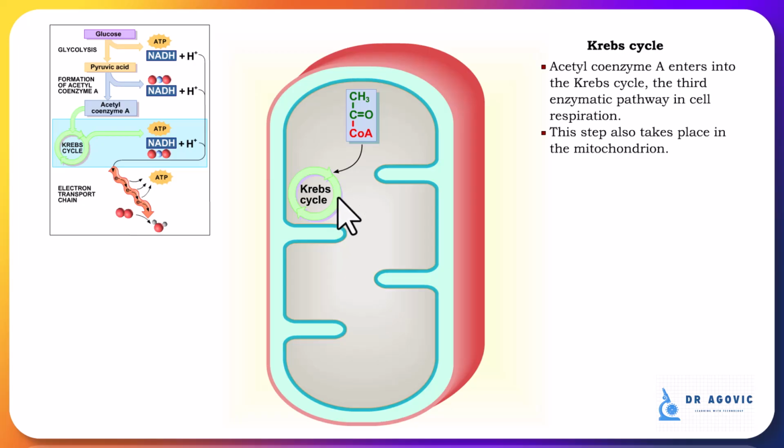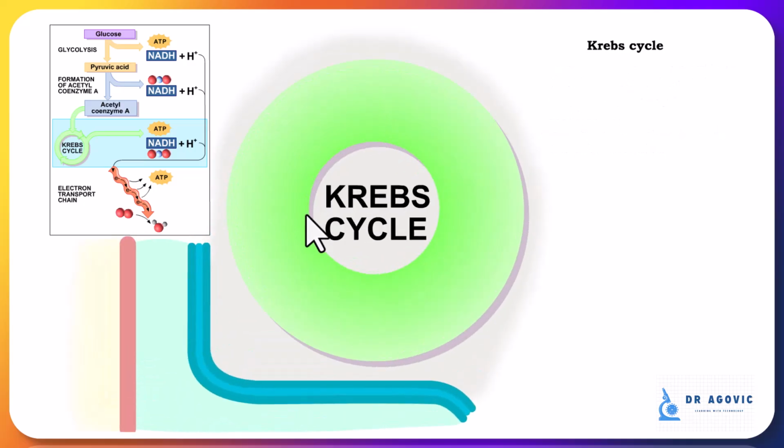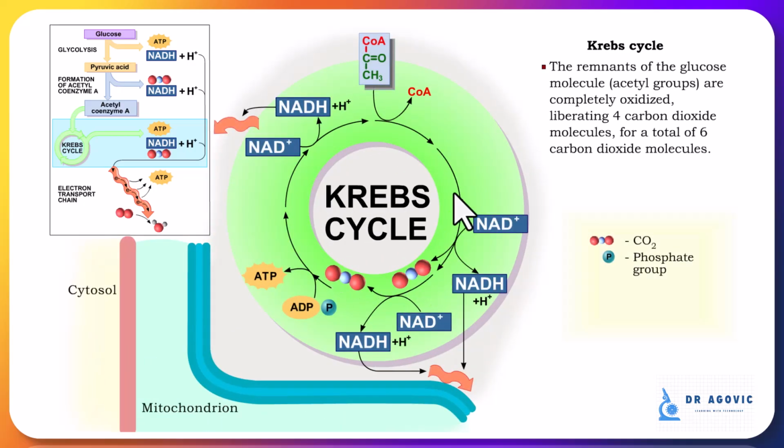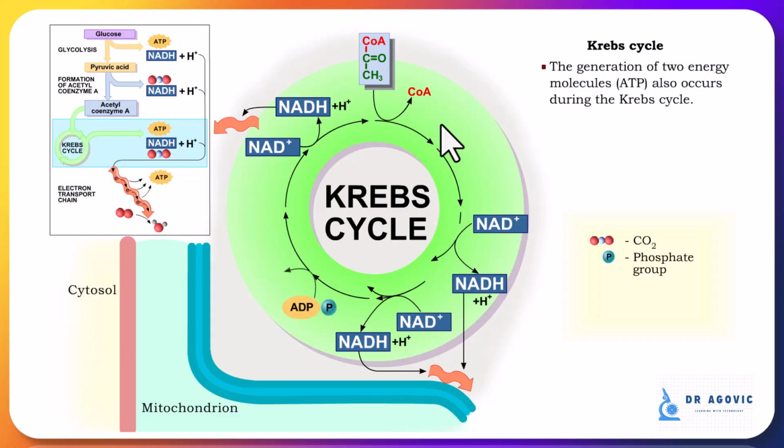During the Krebs cycle, the glucose molecule is completely oxidized. 4 more carbon dioxide molecules are released for a total of 6. 2 energy molecules are produced during the Krebs cycle. The remaining energy in the acetyl groups is transferred to reduced coenzymes. The primary function of the Krebs cycle, therefore, is the production of many reduced coenzymes.